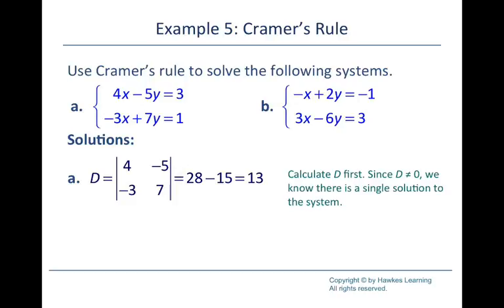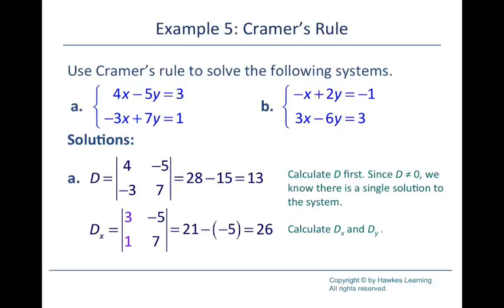So, in other words, we find out that it's not equal to 0, so we can use it. Now for Dx, we replace the 4 and negative 3 with the constants 3, 1, and get the determinant in the regular fashion. 21 minus negative 5 is 26.